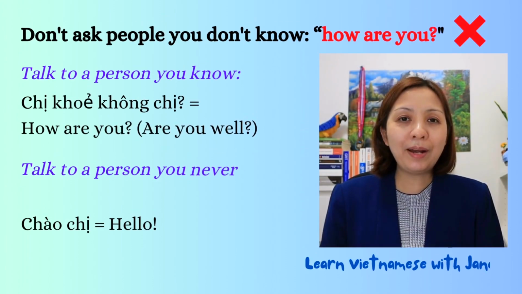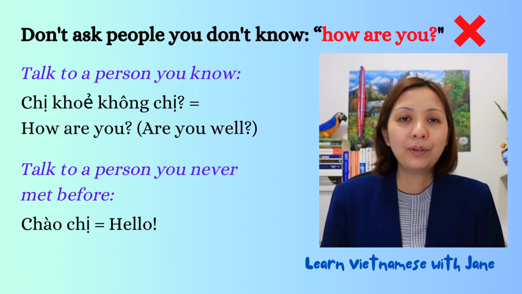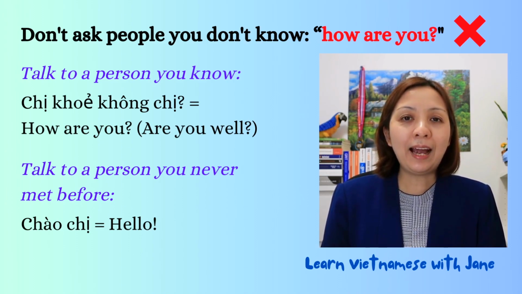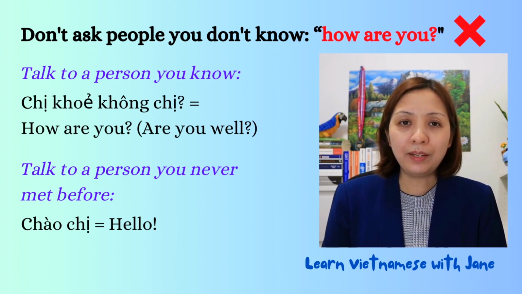Now let's talk about daily conversation. You know, in English, when we meet someone, we usually say, hi, how are you? Or hi, how's it going? Etc. But in Vietnamese, when you greet people, you only say, how are you to people you know. For example, you say, chị khỏe không chị?